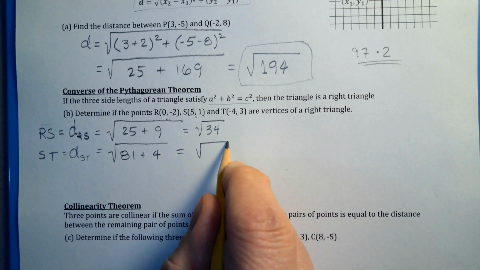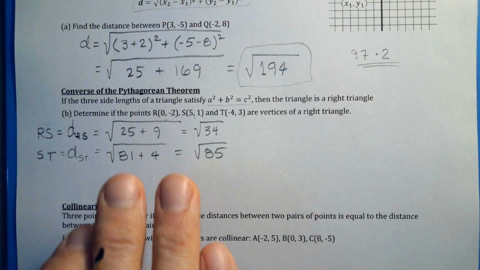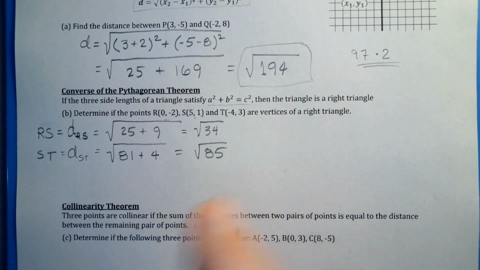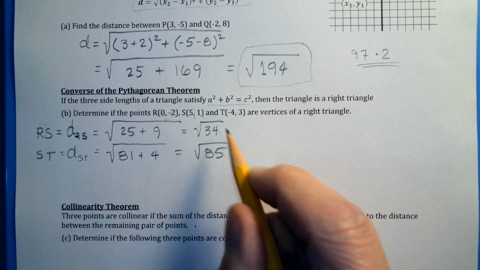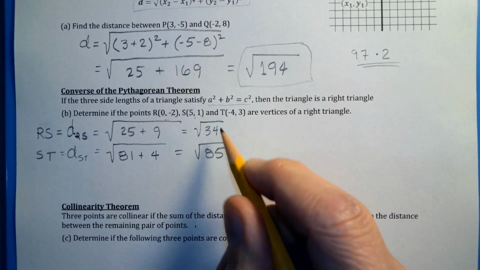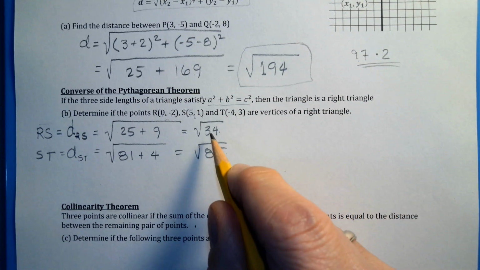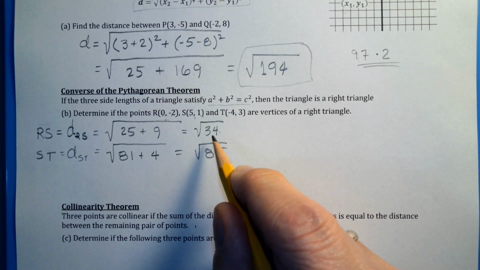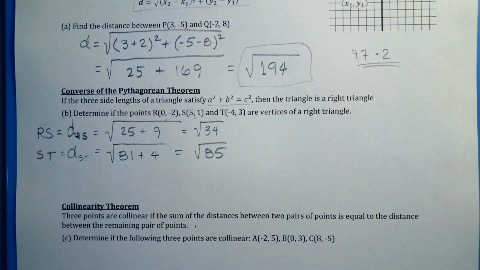And so that's going to be the square root of 85. For this particular problem, it makes sense for what we're going to do when we're finished with the third one. Don't try to simplify these. I don't think these do simplify, but even if they did, don't simplify these. So if this was square root of 20, don't turn it into 2 square roots of 5. Leave it, and it'll make sense why we do that in a second.